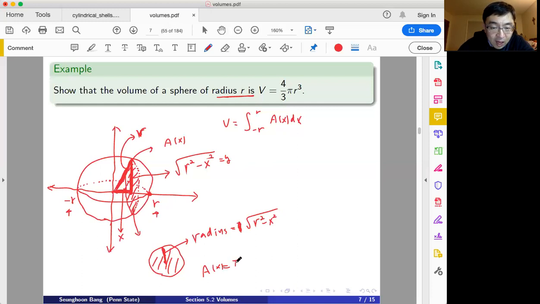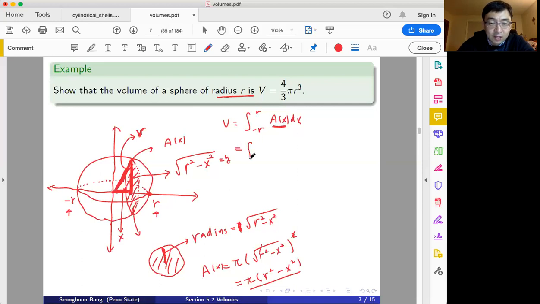Pi times the square root of r square minus x square, squared. The square root is gone, just pi times r square minus x square. So that's it. This is like AX. You plug this one into here.